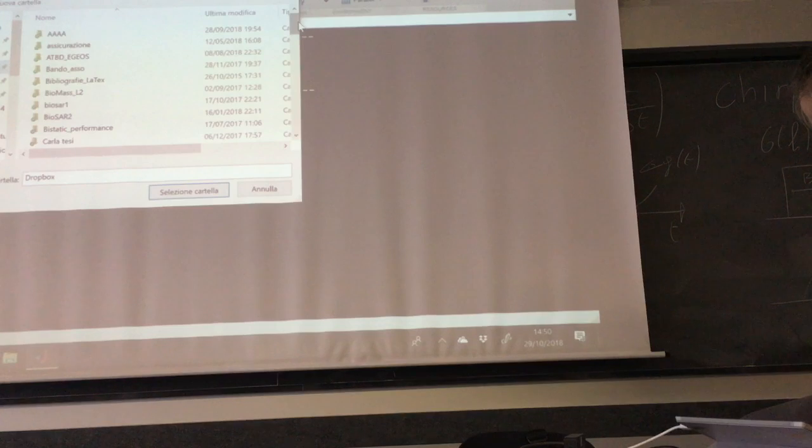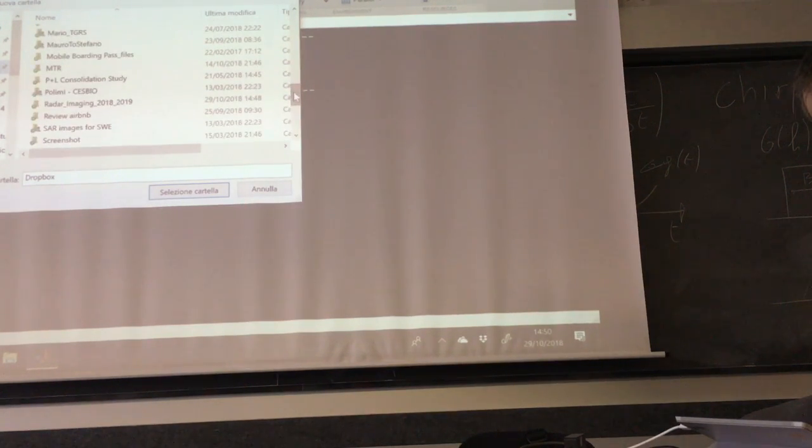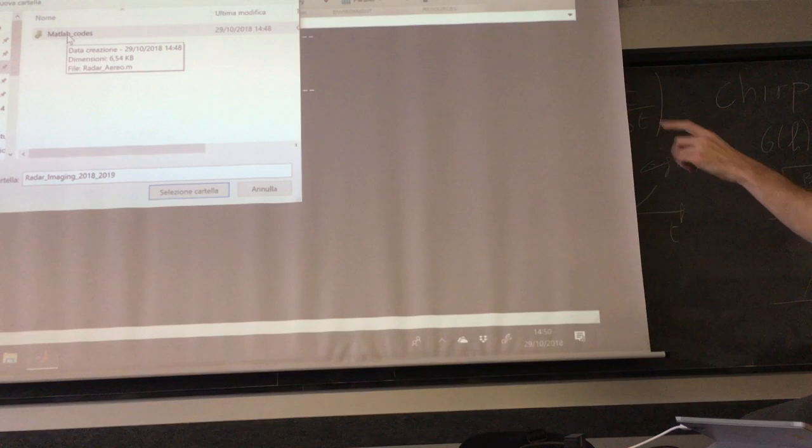So here is your Dropbox folder, where is the radar imaging? So you have a subfolder now, MATLAB code.